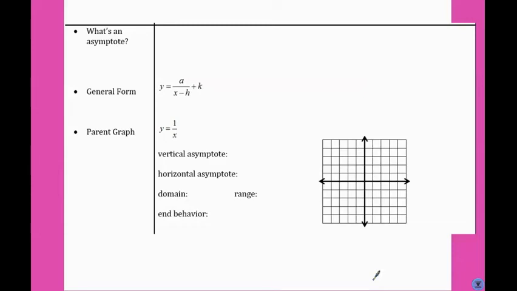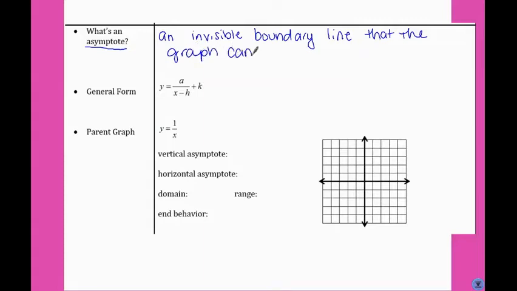All right, in today's notes, we're going to be learning how to graph rational functions. So the first thing we need to talk about is a new vocabulary word, and it is called an asymptote. This is basically an invisible boundary line that the graph can't touch or cross.